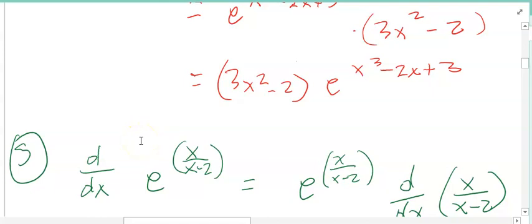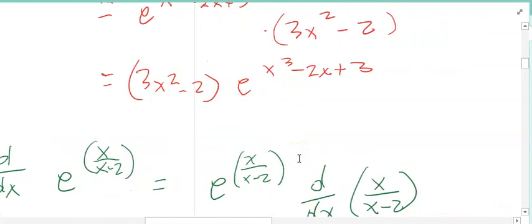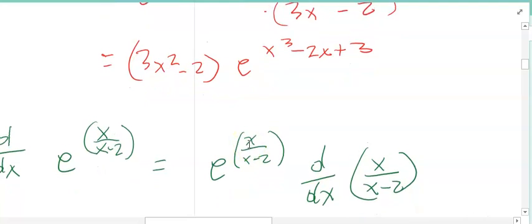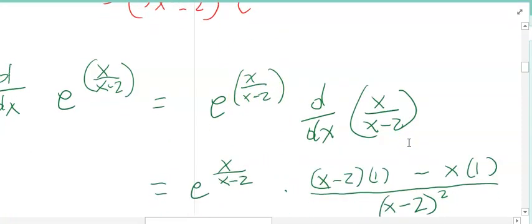Our function was e to the x divided by x minus 2, all in parentheses. Then again, we're using e to the stuff times the derivative of stuff. So that would be e to the x over x minus 2 times d/dx of x over x minus 2.